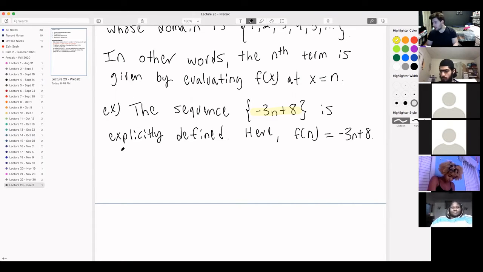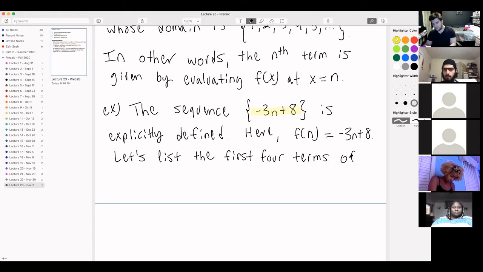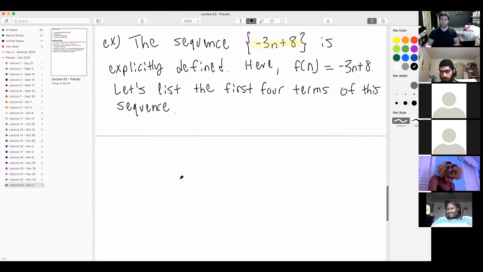Okay, so let's list the first 4 terms of this sequence. I would like to list a1, a2, a3, and a4.